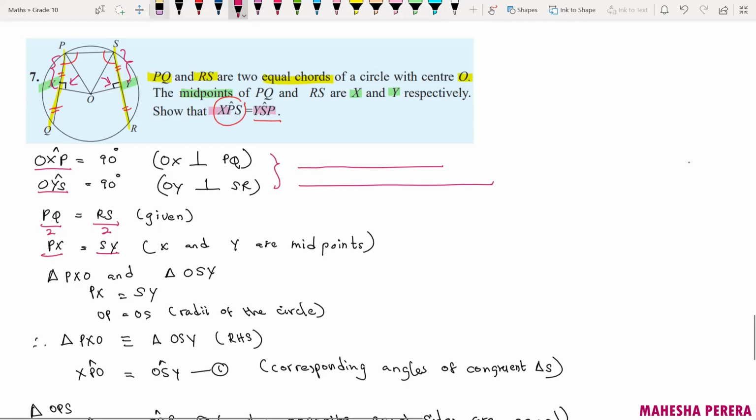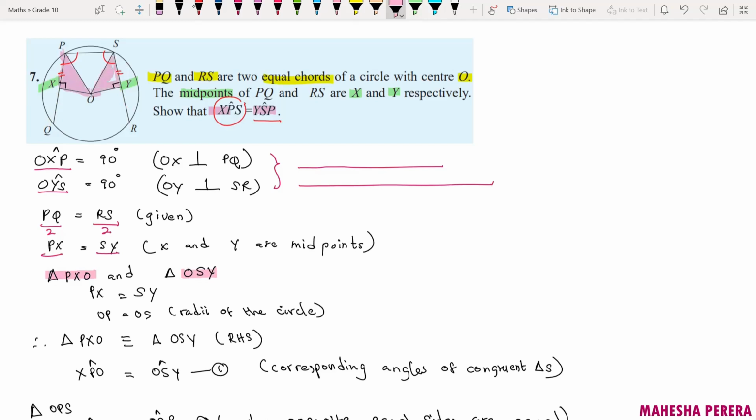Now using the congruence of triangles, actually we can arrive at our answer. So I'm going to consider these two triangles. What are the triangles that we are going to consider? Triangle PXO, here, this triangle, and then the triangle OSY.